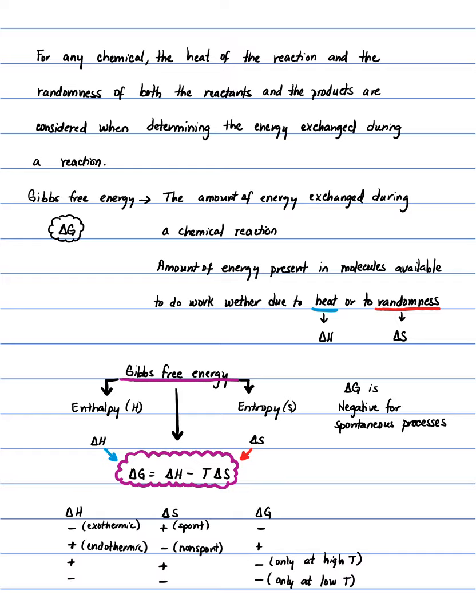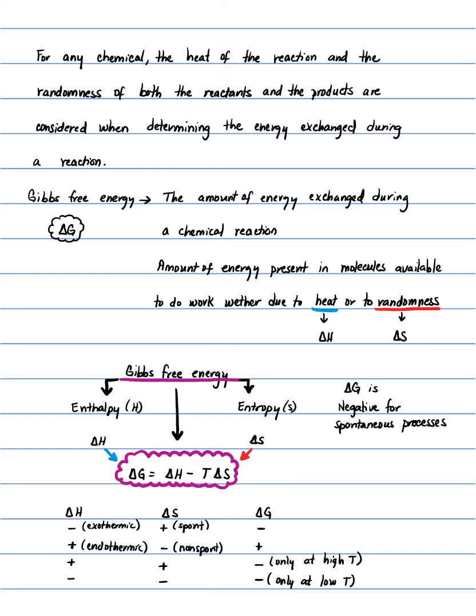Now the last two, we can get a spontaneous process happening when you have an endothermic reaction and your delta S is positive. I'm looking at the third row in the table, positive and positive. When the sign of your thermodynamic functions, enthalpy and entropy, are equal to each other, so I have two positives right there, you're going to have a negative delta G only if the temperature is high enough.